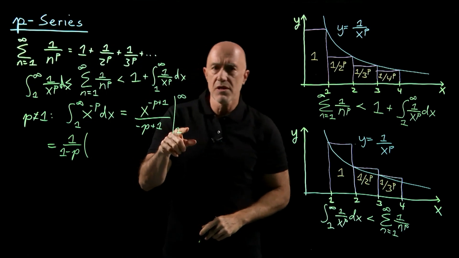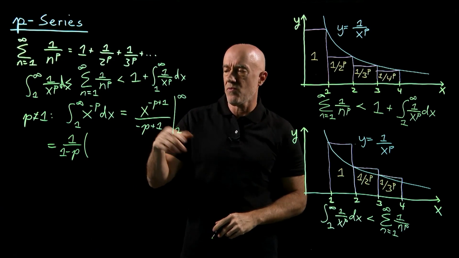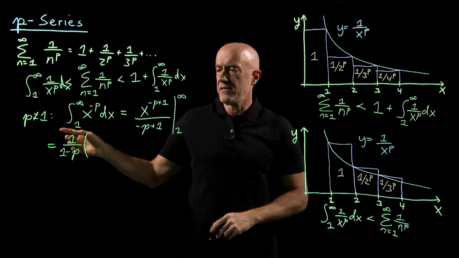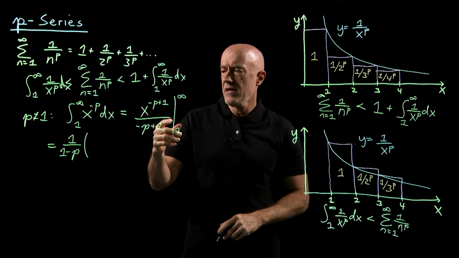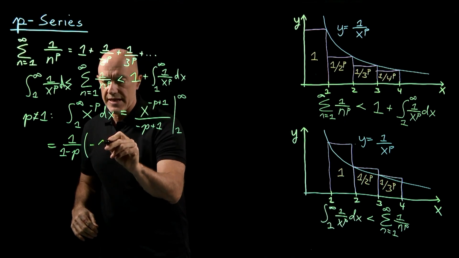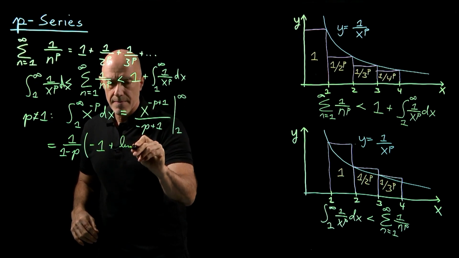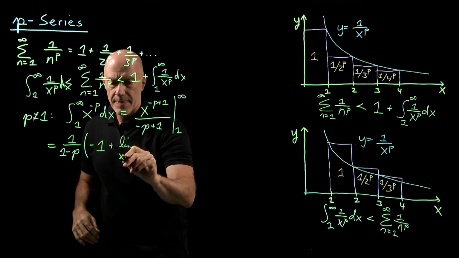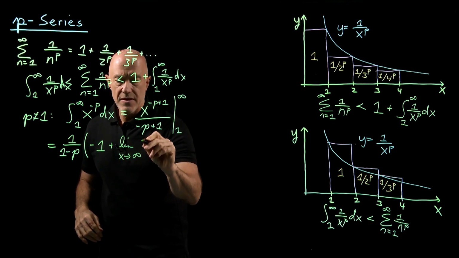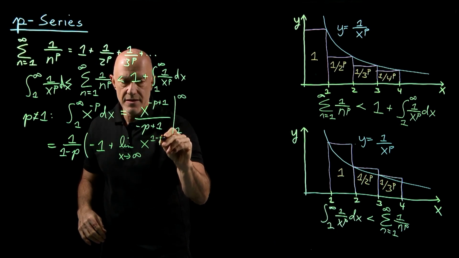And then the lower limit here will be minus 1 to the minus p plus 1, but 1 to some power is just 1, so the lower limit there is just negative 1. And then the upper limit will be the limit as x goes to infinity of x to the minus p plus 1, or 1 minus p.